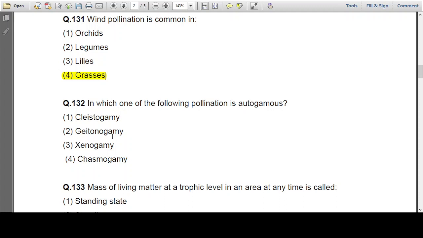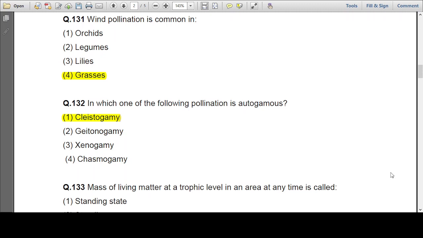But in cleistogamous the flower is entirely closed, so the chance of autogamy is 100%. In xenogamy, this involves different plants of the same species. Chasmogamy, no. So the correct answer is option number 1, that is cleistogamy.